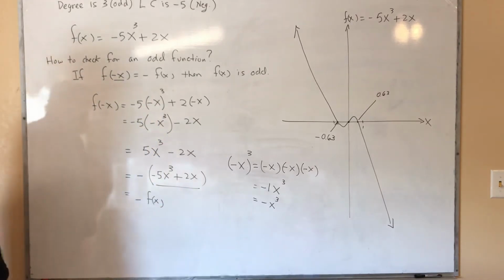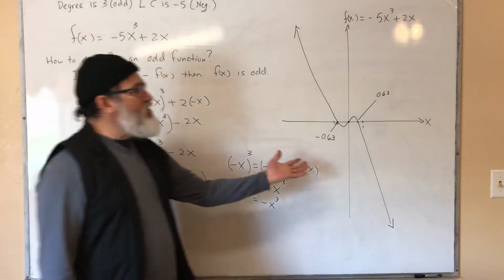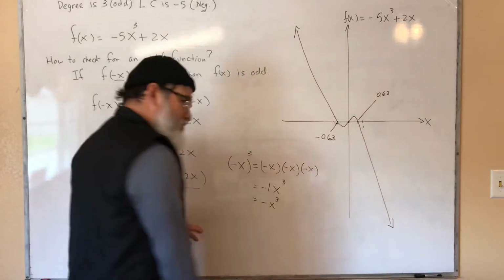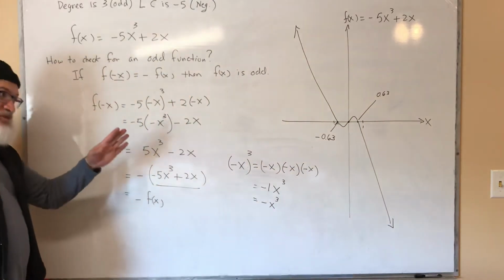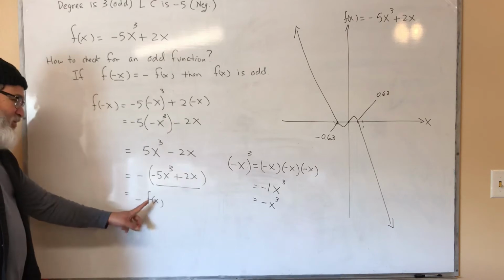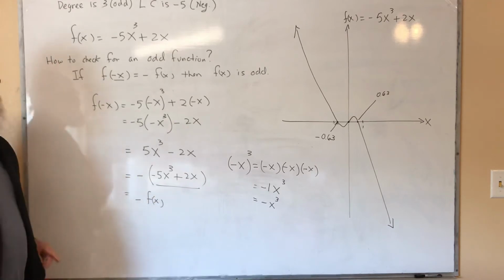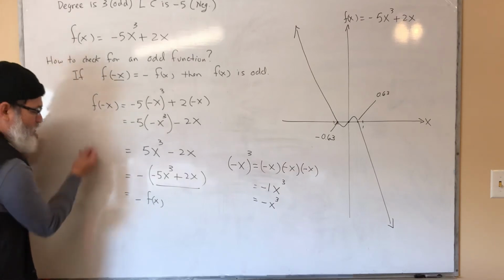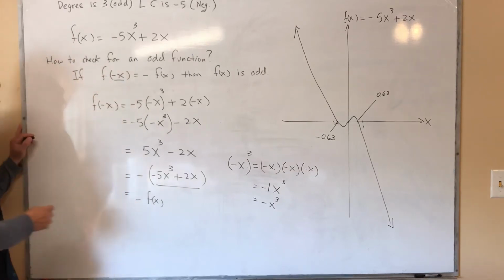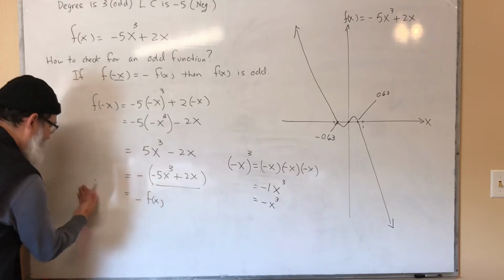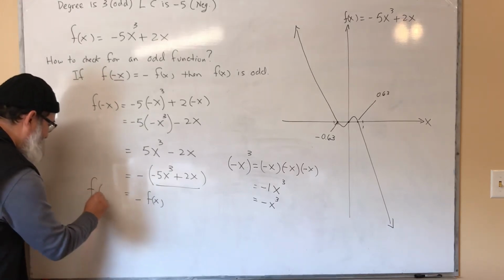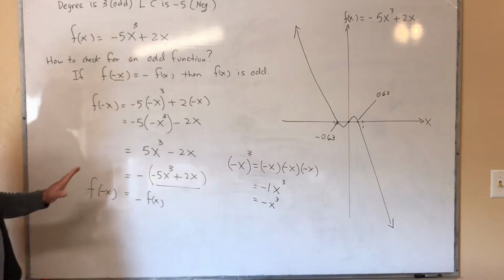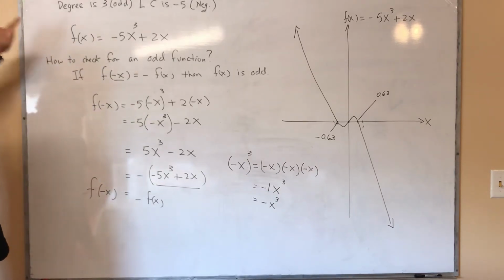When we graph the function, it did look symmetric with respect to the origin. It looks odd. We just proved that it is odd. Why? Because we just proved that f of negative x equals negative f of x. There it is. This function is odd.